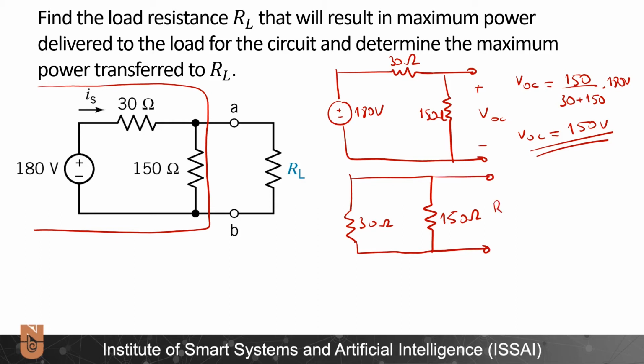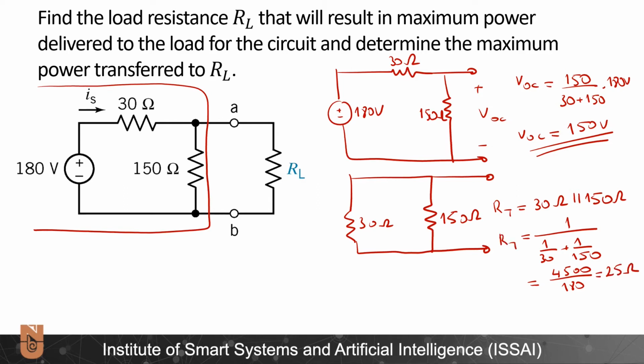So our Thevenin resistance will be 30 ohms in parallel with 150 ohms, which is equal to 1 over (1/30 plus 1/150), which will be equal to 4500 divided by 180, and this will be equal to 25 ohms. So our Thevenin resistance is 25 ohms.